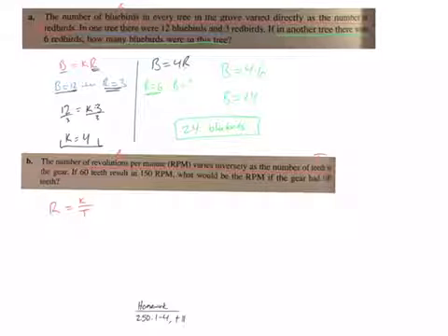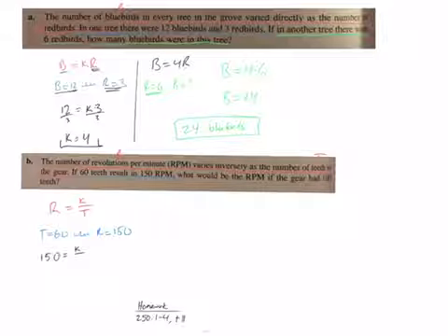Then let's look at this. It says if 60 teeth result in 150, so that means T is equal to 60 when R is equal to 150. So what we can do now is plug that in, so I can say 150 is equal to K over 60.